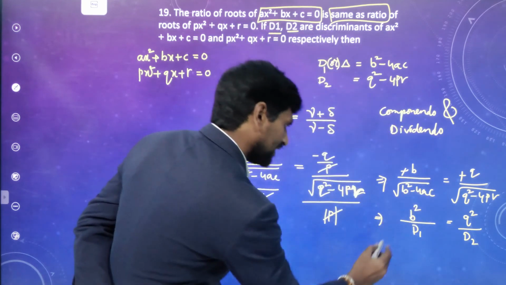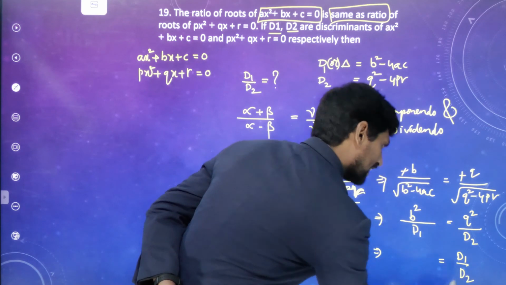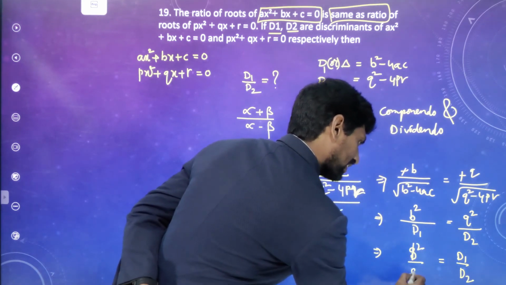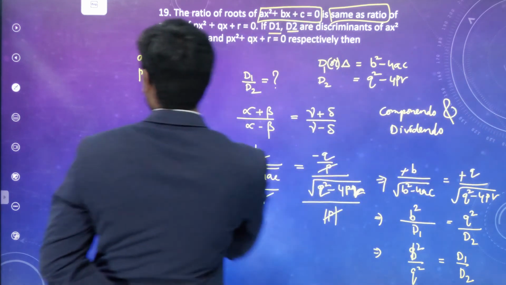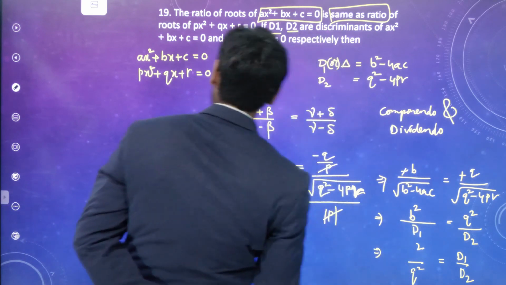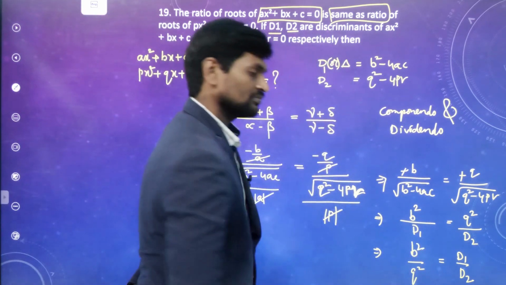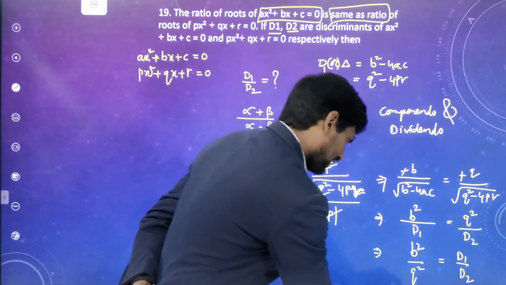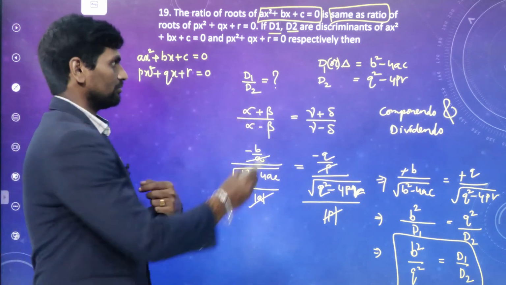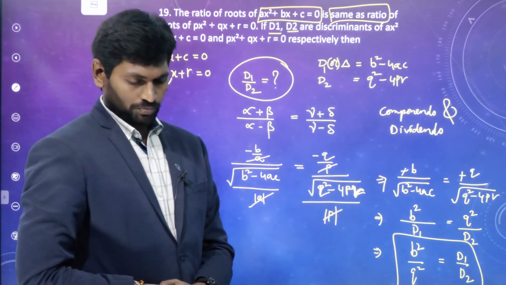So just cross multiply: d1 by d2 equals b square by q square. Okay? So this is our required answer. We need to find the ratio of d1 and d2, and it is b square by q square. Okay? So please continue.